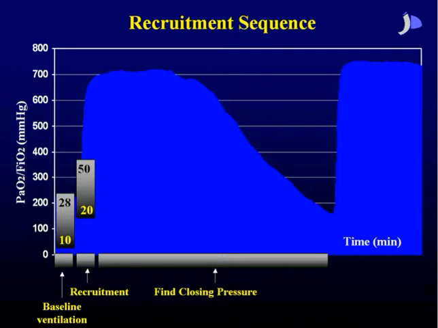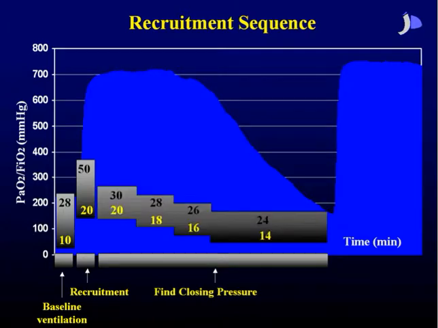So we perform a decremental PEEP trial, trying to find the lowest pressure at which we can maintain this plateau in oxygenation. In this particular patient, we first reduced the inspiratory gradient, maintaining the recruitment PEEP level, and then in 2 centimeter of water steps, we reduced the pressure until we reached 14 centimeters of water, where clearly oxygenation started to decrease.